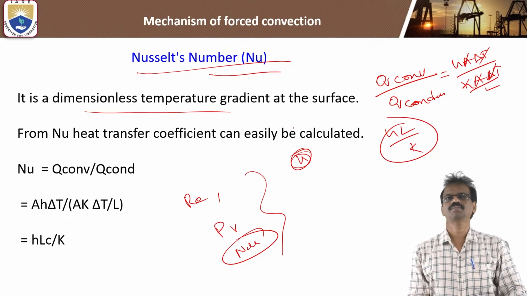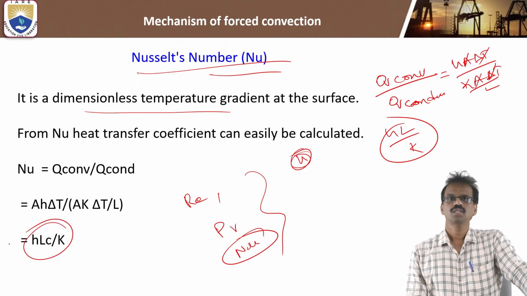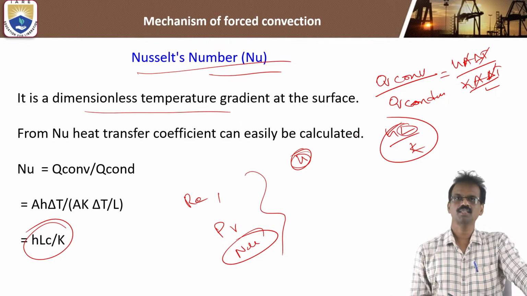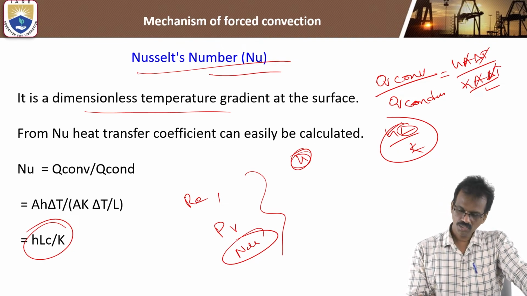So this is the formula, h L by k. h is the heat transfer coefficient, k is the thermal conductivity, L is the length of the solid surface.